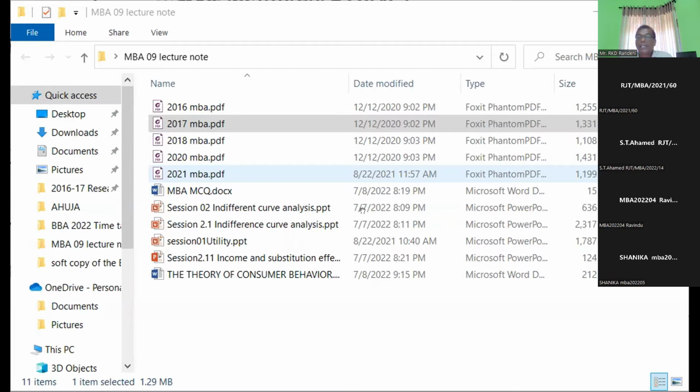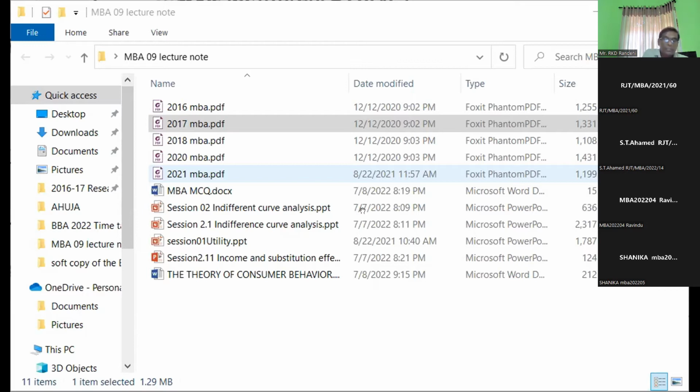Now, almost the same, only the figures are different. U equals X to the power 3/4, Y to the power 1/4. The price of X is 6 rupees.